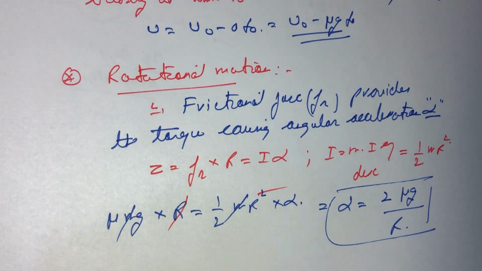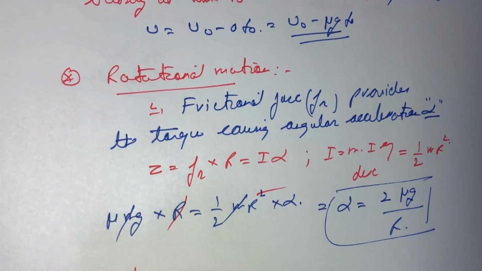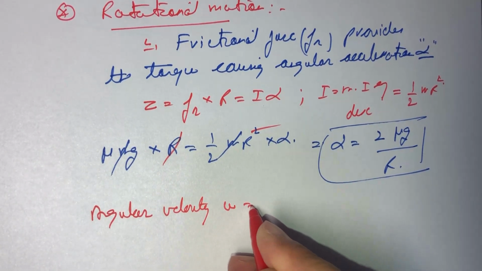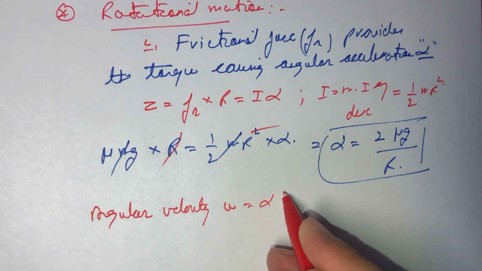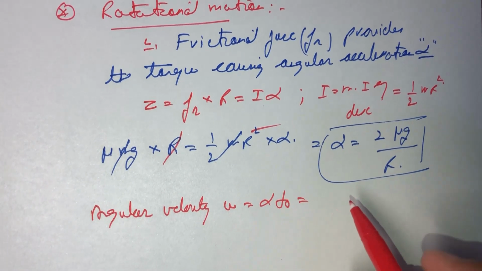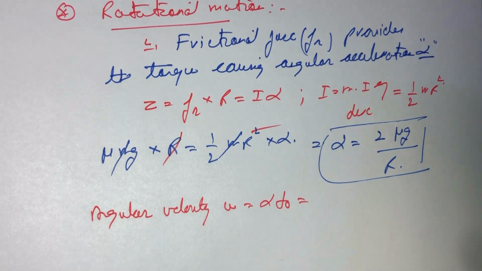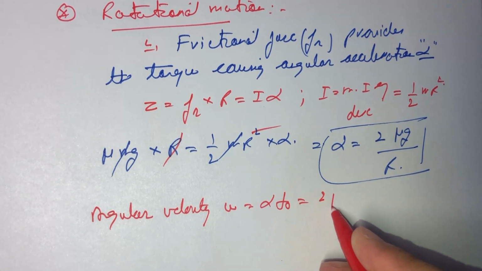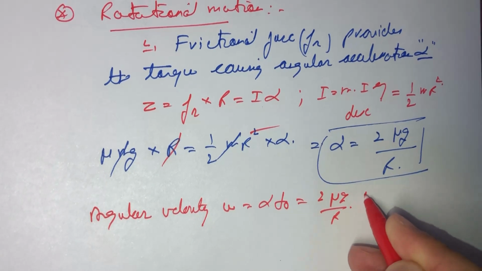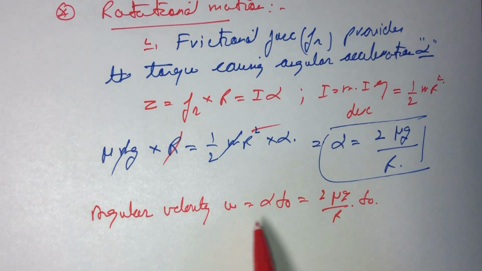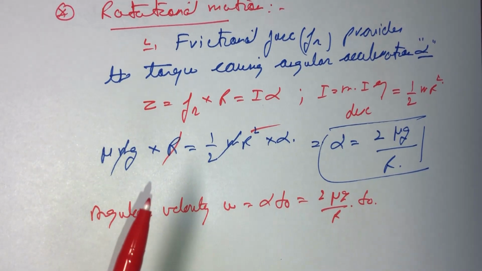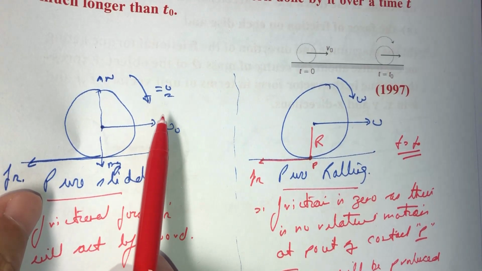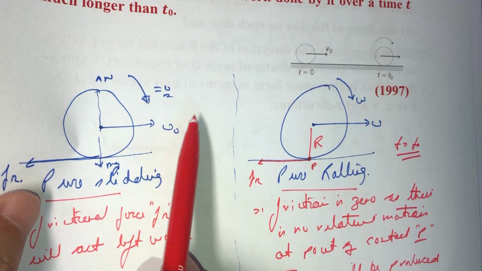So we can say angular velocity omega will be equal to alpha multiplied by t naught, and substituting the value of alpha, we get 2 mu g upon r multiplied by t naught. So this is the angular velocity at time t equal to t naught, because initial angular velocity is equal to 0. So we can say omega is equal to omega naught plus alpha t.